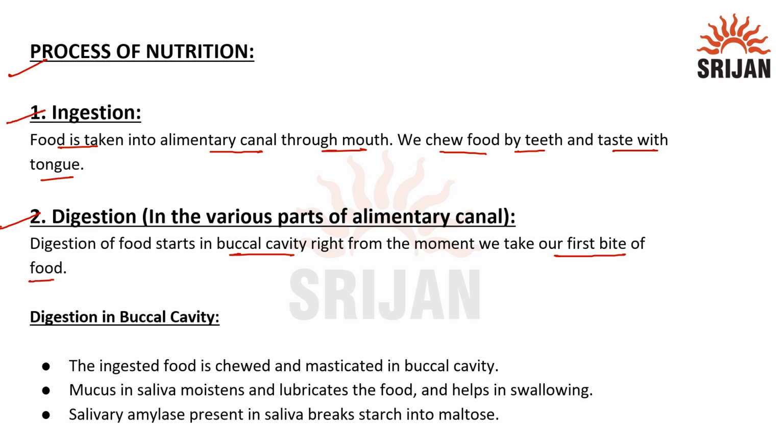In the buccal cavity, the ingested food is chewed and masticated with the help of teeth. Mucus in the saliva moistens and lubricates the food and helps in the process of swallowing. Salivary amylase is an enzyme present in saliva and breaks starch into maltose.